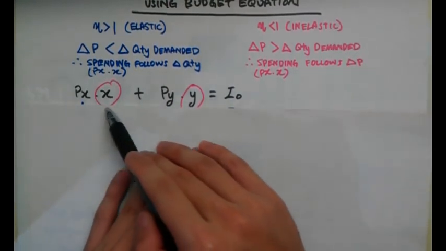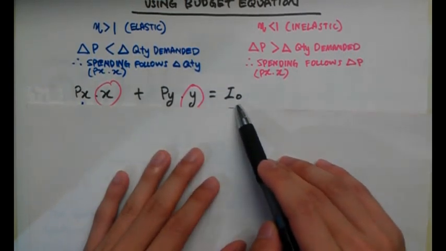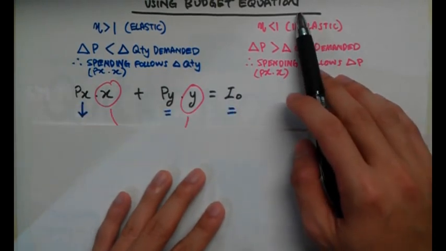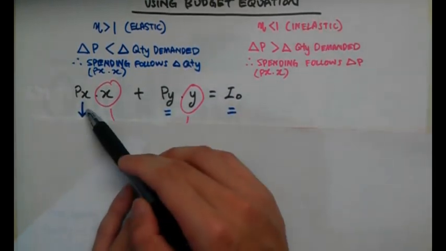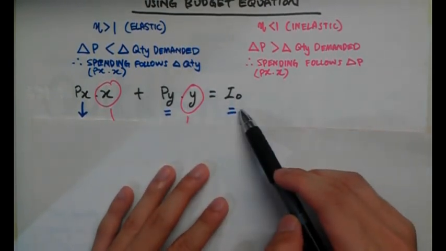Price of X multiplied by X plus the price of Y multiplied by Y equals I naught. In every economic analysis that we have been doing for chapter 2, what we will do is we will decrease the price of X and we will keep the price of Y constant as well as income constant.